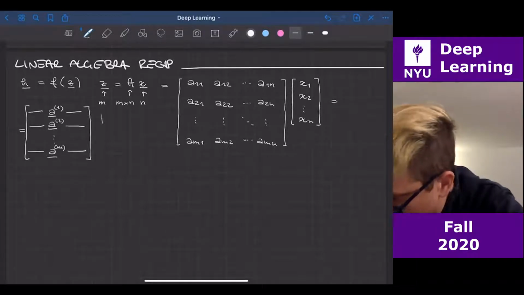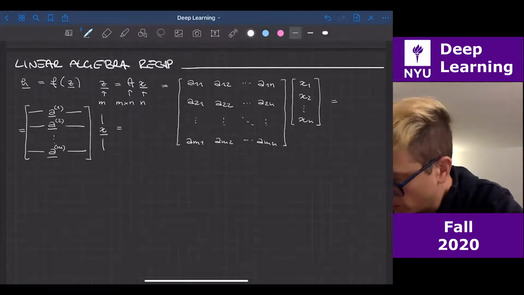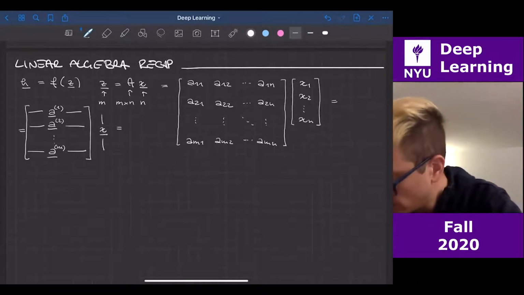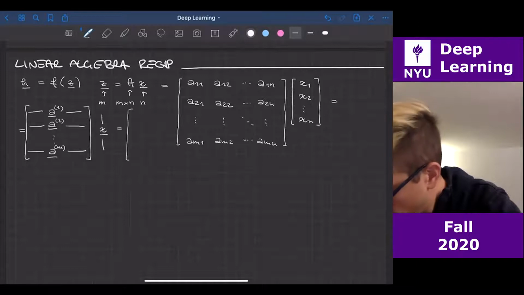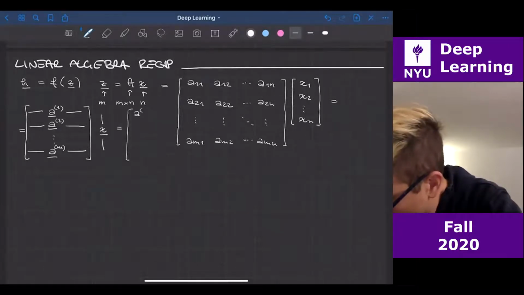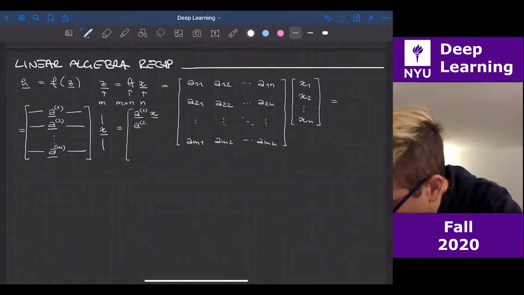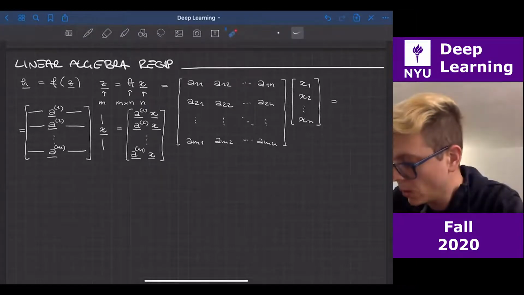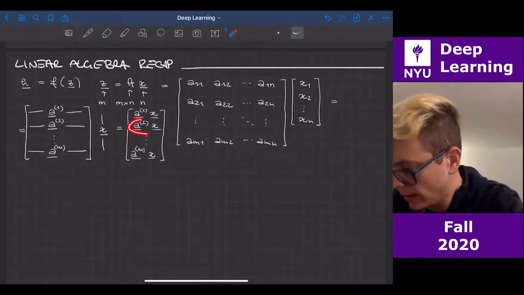And then I multiply this one by my vector x. So if I multiply this one, I'm going to get A1 x, A2 x, until I get the last one, Am x.